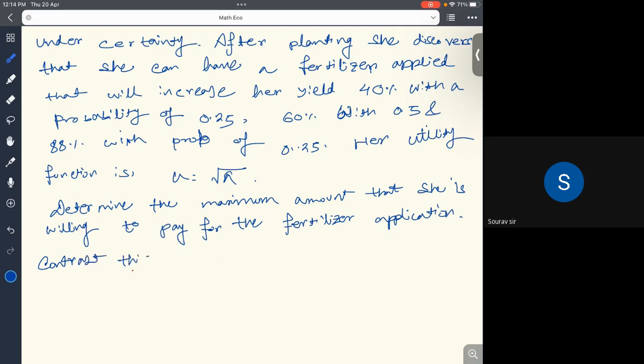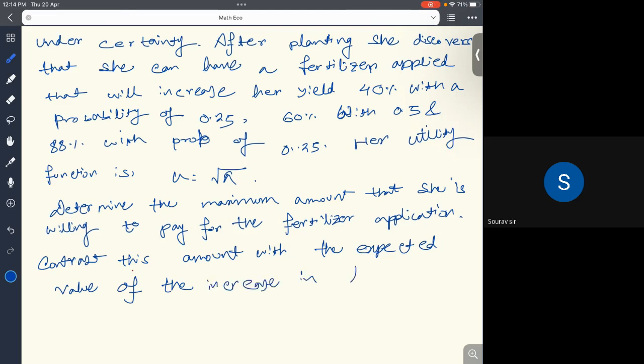Contrast this amount with the expected value of the increase in her profit as a result of fertilizer application.